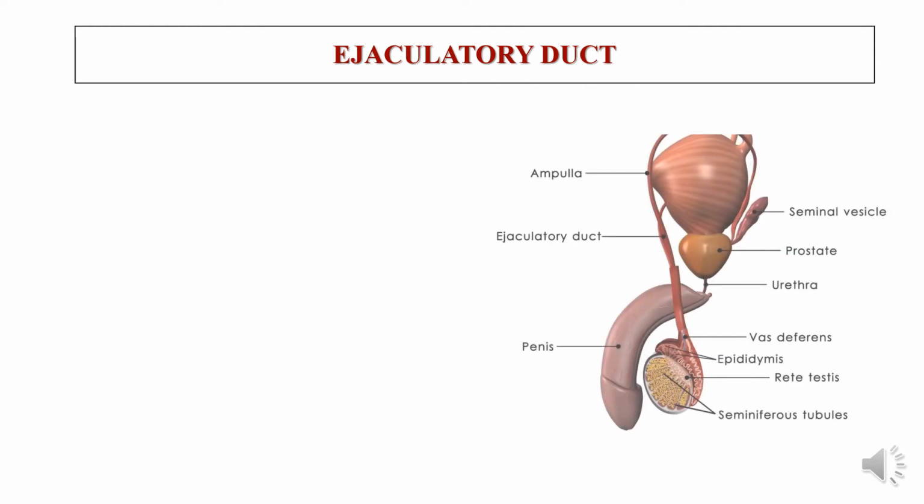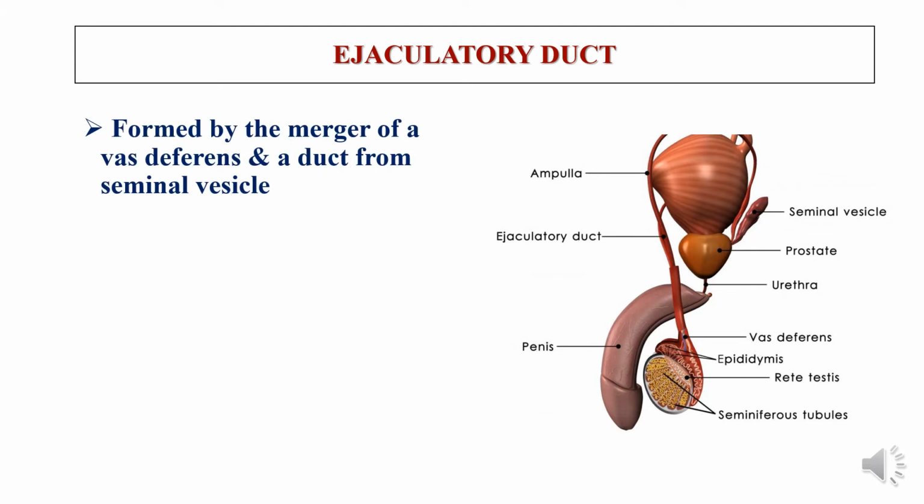Ejaculatory duct. Each short ejaculatory duct is formed by the merger of a vas deferens and a duct from a seminal vesicle. That means the vas deferens and the seminal vesicle put together form a common duct known as the ejaculatory duct.